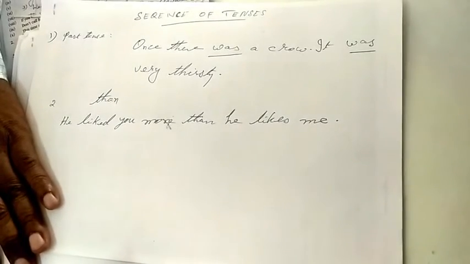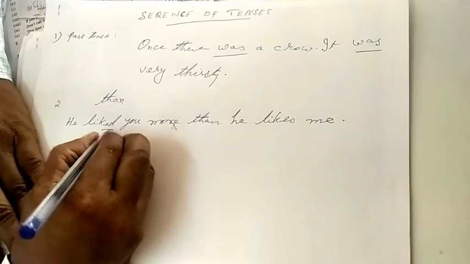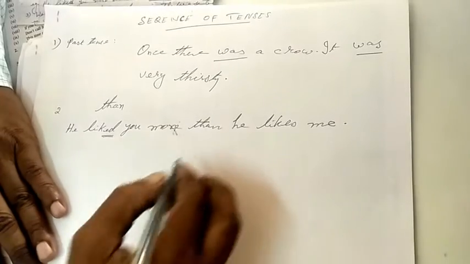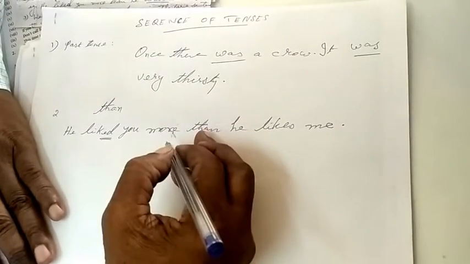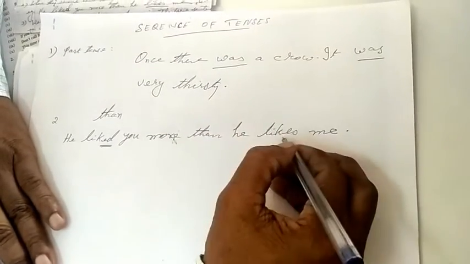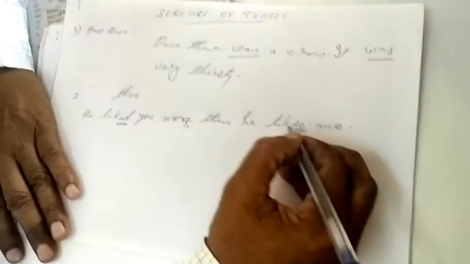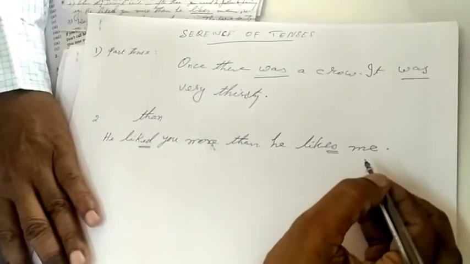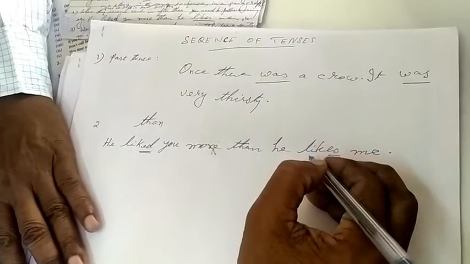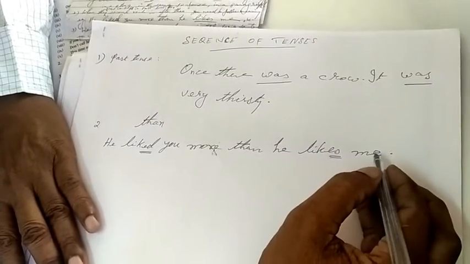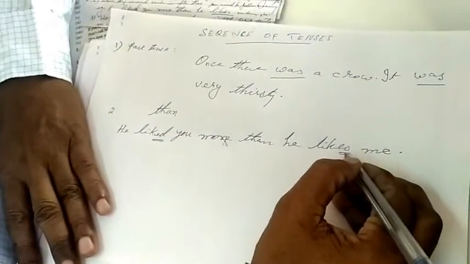Now look at that. Here I used past tense. I am joining the next one with than, and here the comparison is with the present situation. How much he likes me. So a past can be compared with the present, and therefore here you have a present tense.